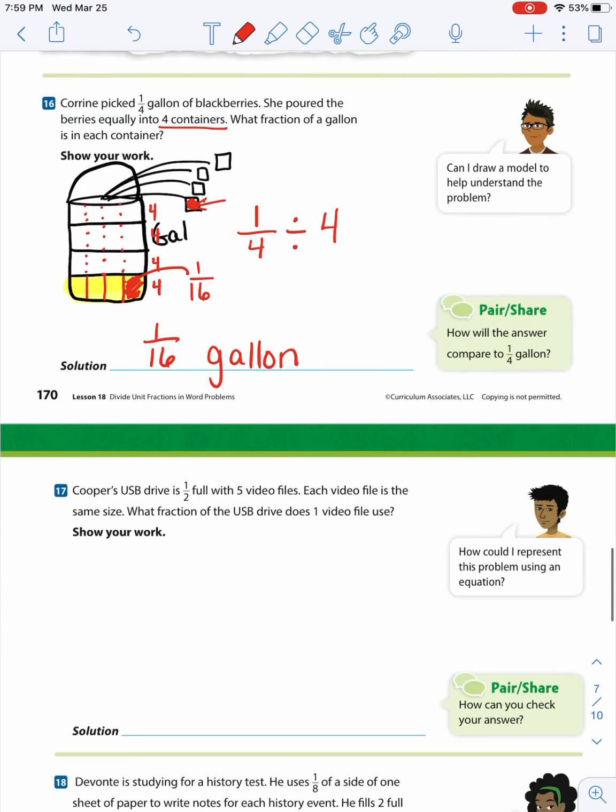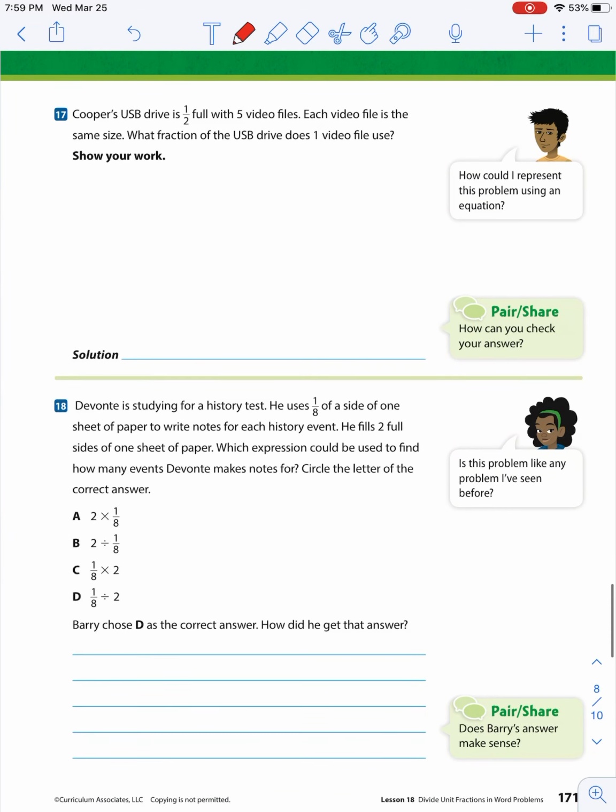All right, next problem. Cooper's USB drive is 1/2 full with 5 video files. Each video file is the same size. What fraction of the USB drive does one video file use? All right, so let's go back up to the top.